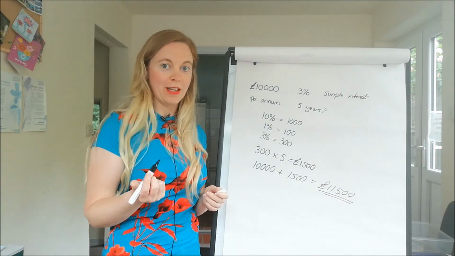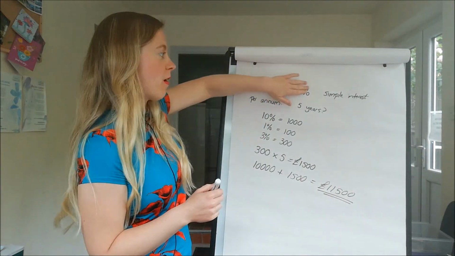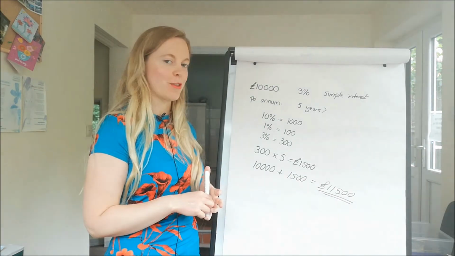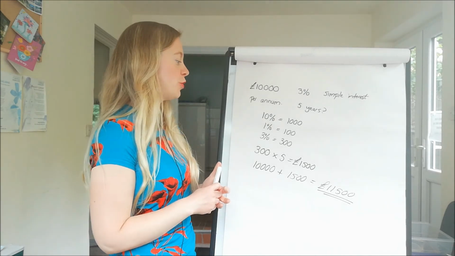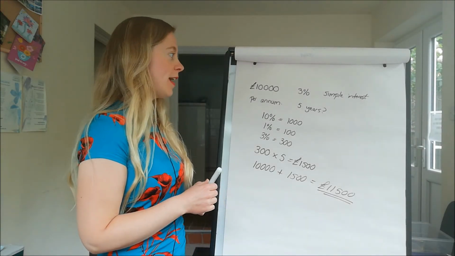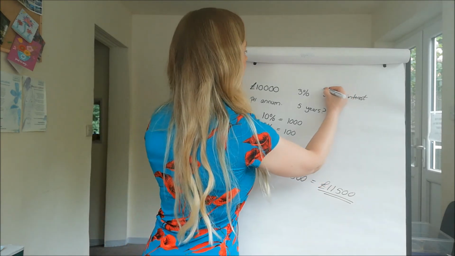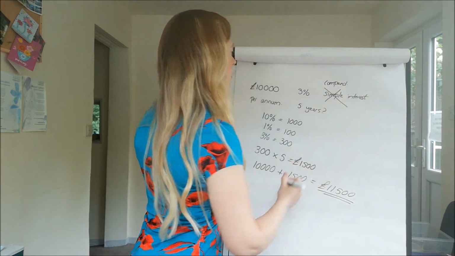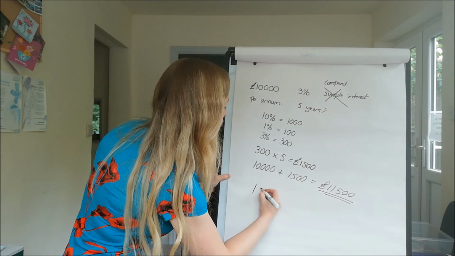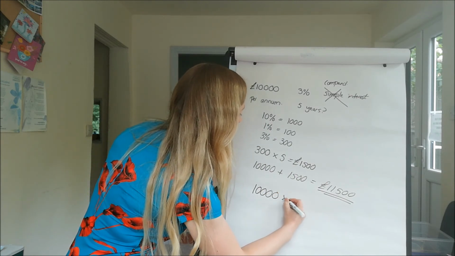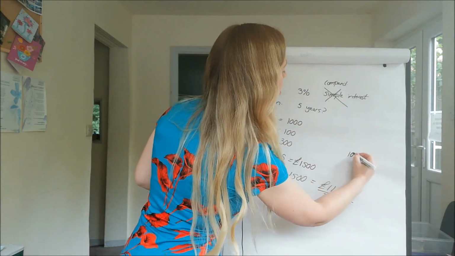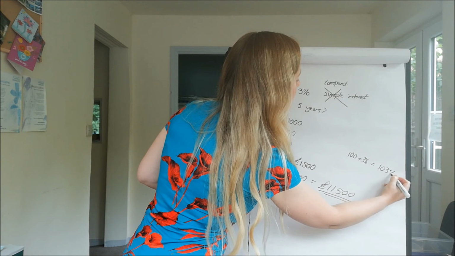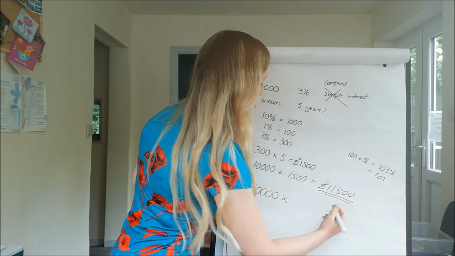So simple interest really is simple. You do just find the percent that they're on about and then multiply it by whatever time period they're on about. So it's the thing that people get wrong when they're trying to do compound interest. Because if instead of simple interest, this had said compound interest, then we would have used the formula 10,000 times by, well, 3% more would have given us 103%, which would have given us 1.03.